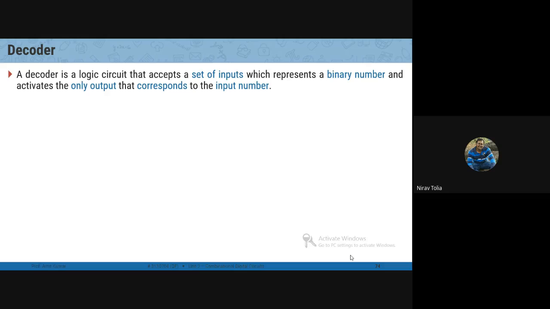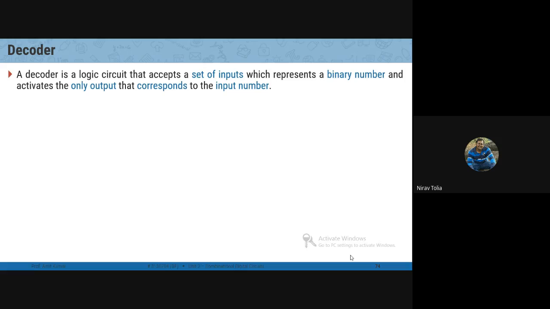But here in encoder and decoder, we have numbers of inputs and numbers of outputs, and it depends on which type of encoder or which type of decoder you are using. So we have m numbers of inputs and n numbers of outputs. So decoder, what is the meaning of decoder?